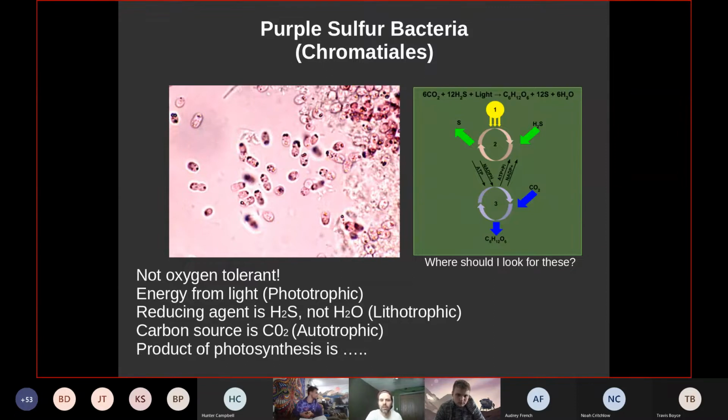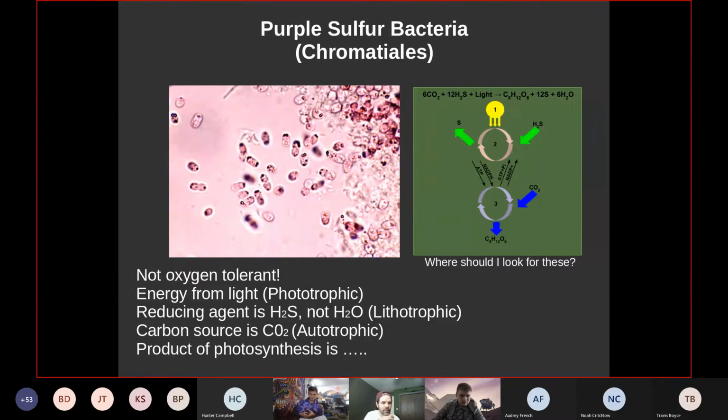This one is not oxygen tolerant whatsoever. Can't be around it. It gets its energy from light, so it's a phototroph. Its reducing agent is dihydrogen sulfide. So it's a lithotroph that doesn't have carbon in it. And it gets its carbon source from CO2, so it's an autotroph.